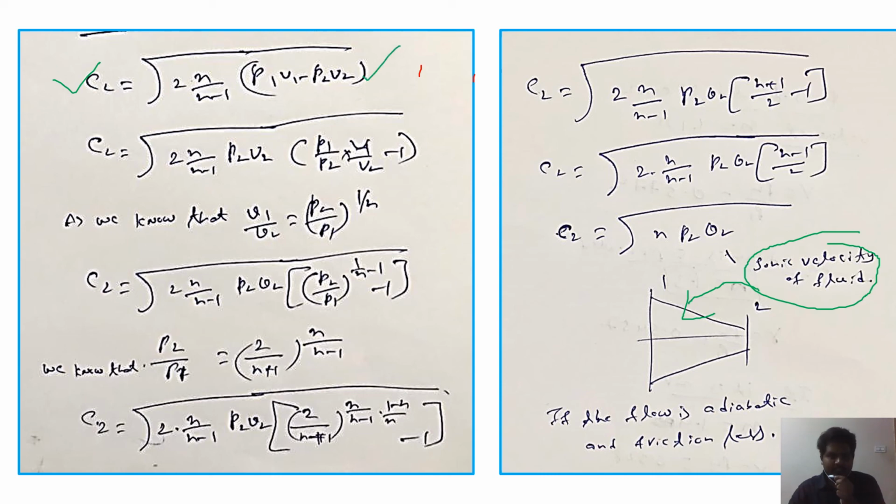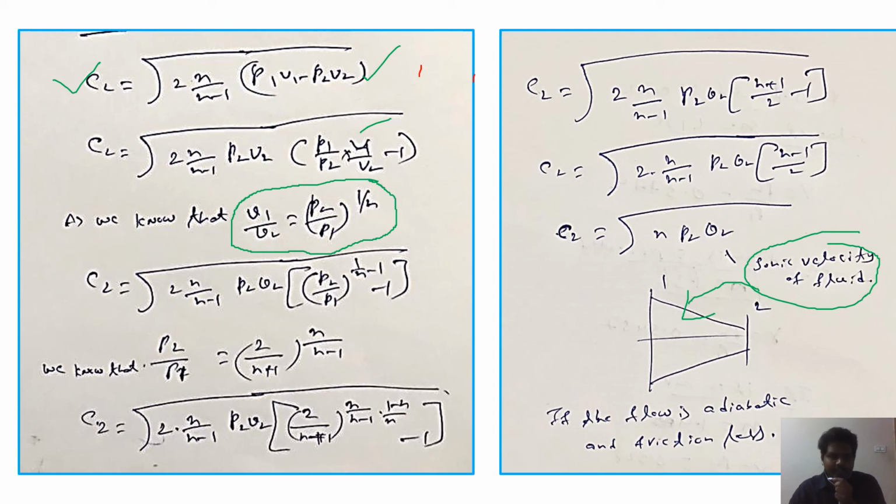So this we can simplify as C2 equals square root of 2n by n minus 1 P2 V2. If you take P2 V2 common from this equation, the inside is (P1 by P2 into V1 by V2 minus 1). As we know, V1 by V2 equals (P2 by P1) whole power 1 by n.